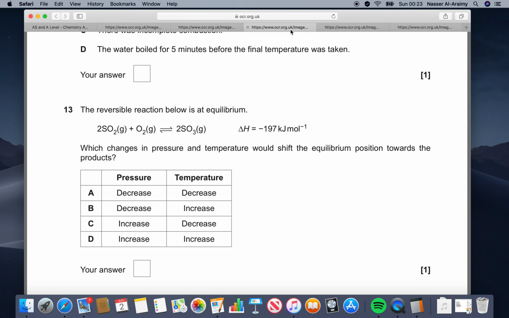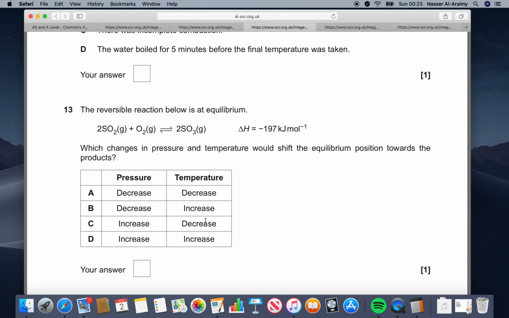So by decreasing the temperature, what will happen is it will shift the equilibrium to try to increase the temperature again, thus giving off more energy to the surroundings, which makes sense.